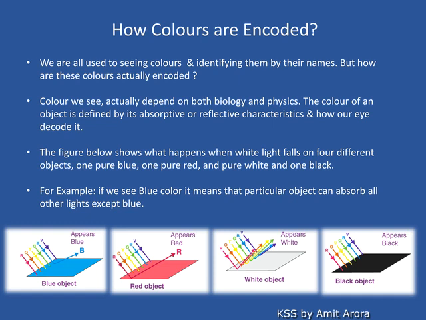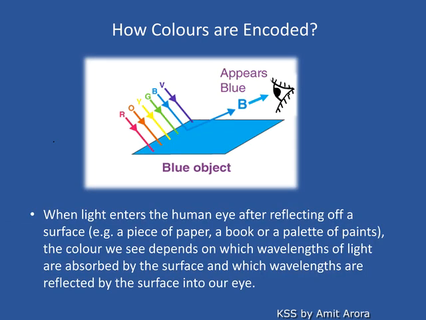Let us understand what happens when white light falls on 4 different objects: pure blue, pure red, pure white, and black. So, if we see blue color, it means that the particular object absorbs all other colors of light except blue, and only the wavelength corresponding to blue color reaches our eye.